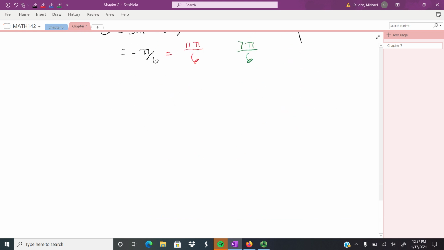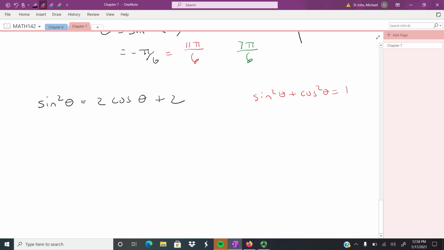Let's see, another example. Let's say I have this one. Sine squared theta equals 2 cosine theta plus 2. Well, for this one, we're going to make use of the Pythagorean identity. So sine squared plus cosine squared equals 1.